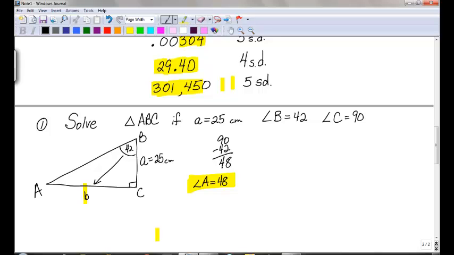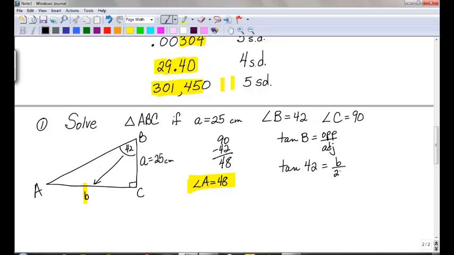What trig function? Tangent. Okay, so tangent of angle B is opposite over the adjacent. Now, if you're at that stage where you don't need to write that down, that's fine. Okay, tangent of 42 equals B. Notice I'm trying to put the unknown up in the numerator.